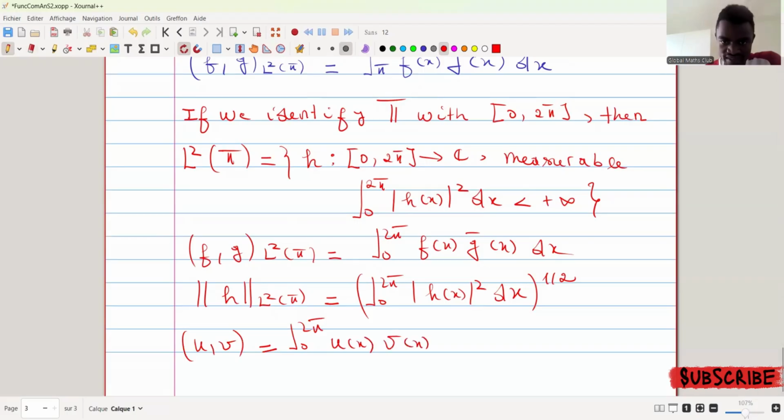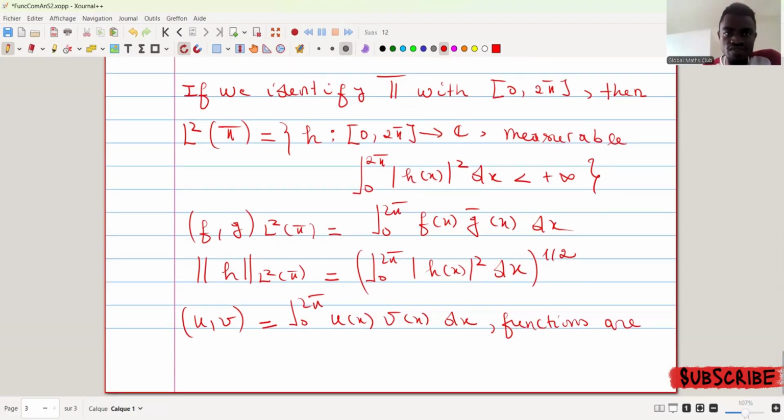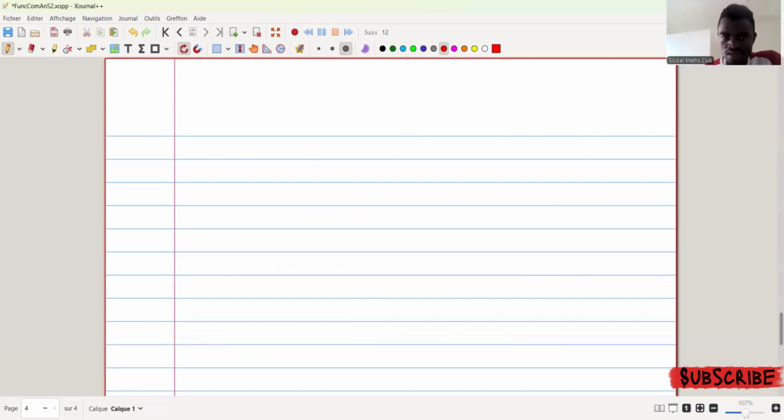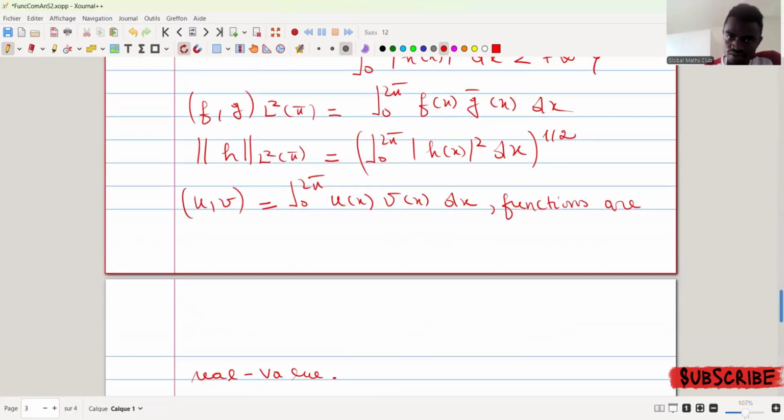I can just take it like this, to show that functions are real valued. So we don't have complex valued functions here. So that is why we are going to take it like this. Simple.